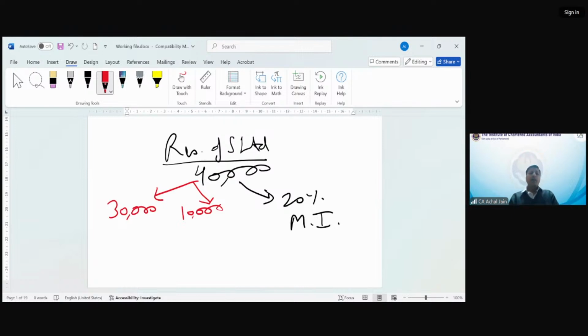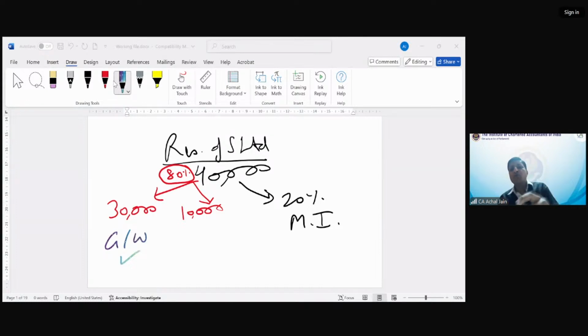So around the consolidation of the remaining 80%, what did you do? This 30,000 you have picked up. Yes or no? This 30,000 on a proportionate basis you have picked up when? While calculating goodwill. Yes or no? While calculating goodwill, out of 40, 30,000 you picked up on a proportionate basis. Correct? Everyone, yes or no?